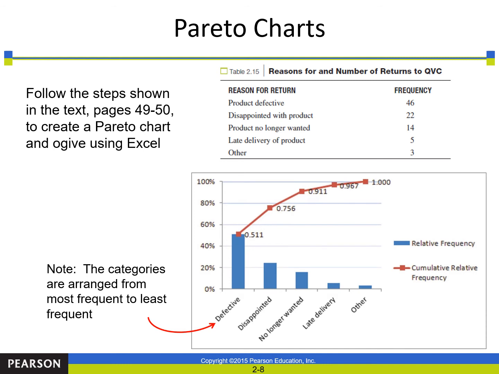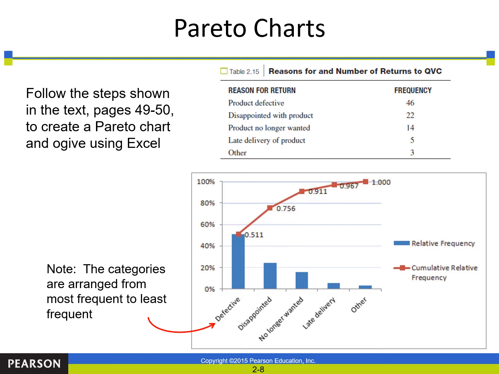So let's take a look at this example. What do we have here? We have reasons for return of a product, and we have 5 categories: product defective, disappointed with product, product no longer wanted, late delivery of product, and other. And you can see on the right side that we have frequencies already ordered for us from highest to lowest.